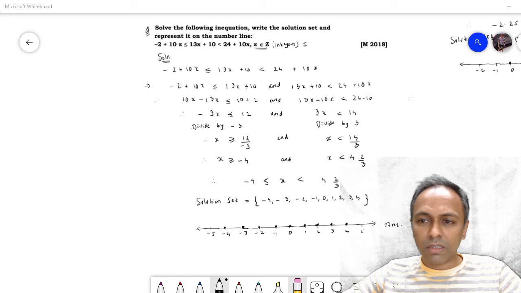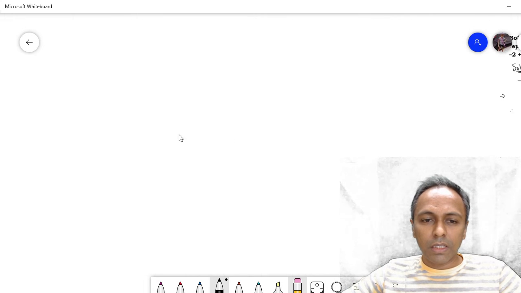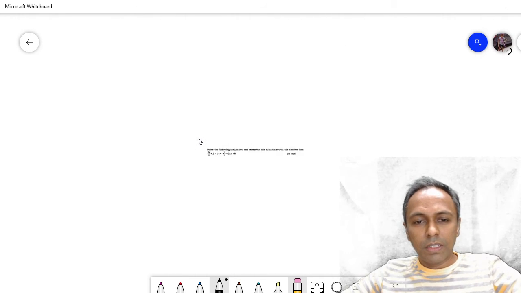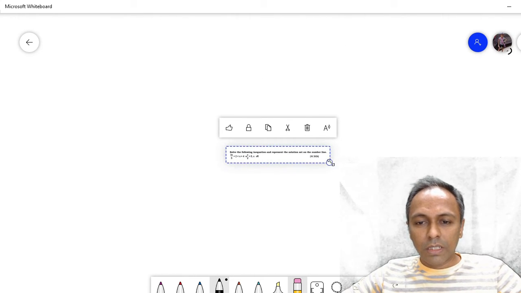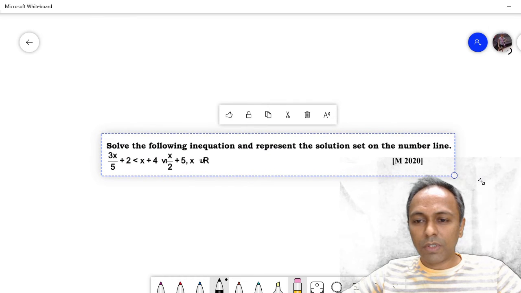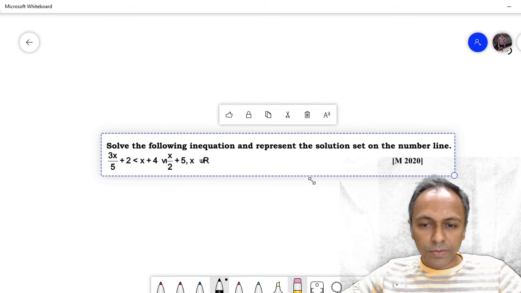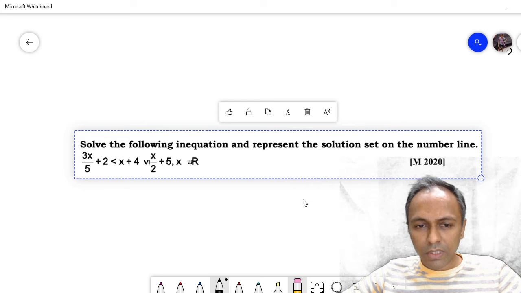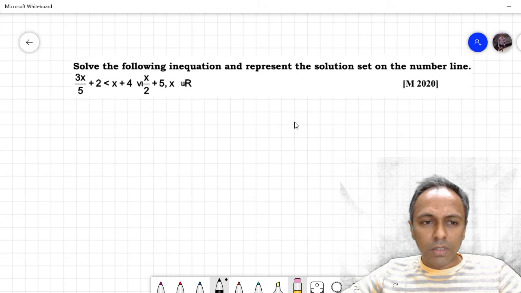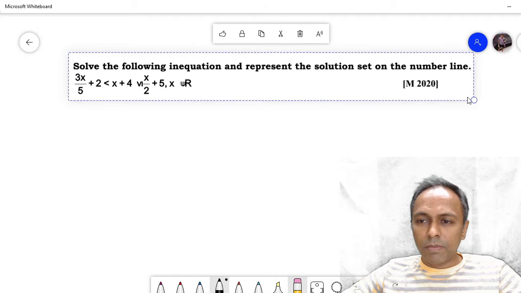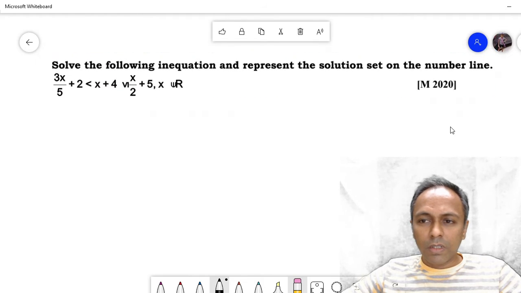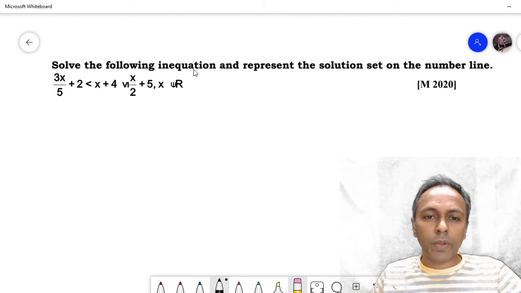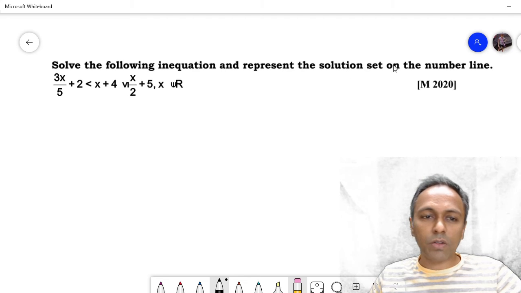Let's take a recent one, a question of 2020. So you have to solve the following inequation and represent the solution set on the number line.